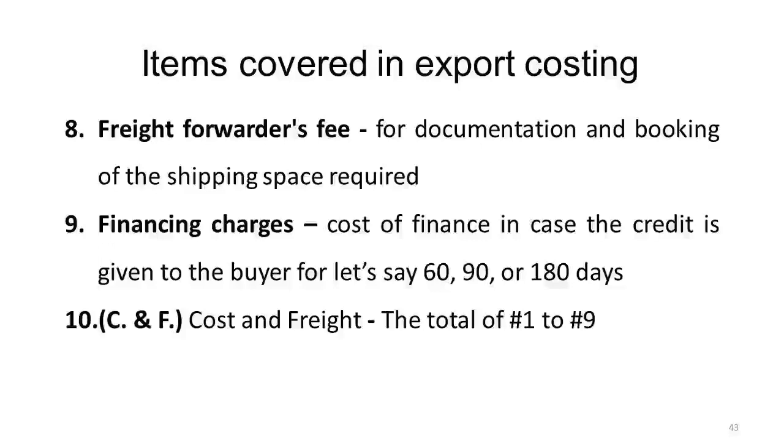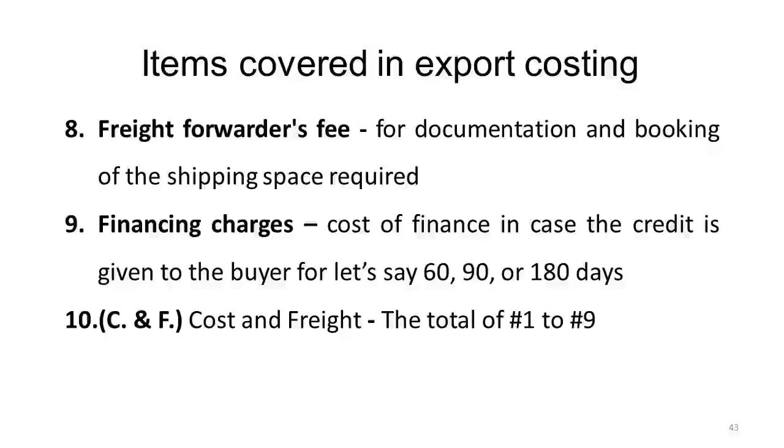C and F, cost and freight. So you calculate all the cost from 1 to 9, you add all of that, and then you quote that figure to the buyer. That is your cost and freight, which includes the cost, your margins, all the expenses of the customs, and then the cost of freight, which is from Mumbai to Rotterdam. Whatever is the expense, all of that will be added to this.